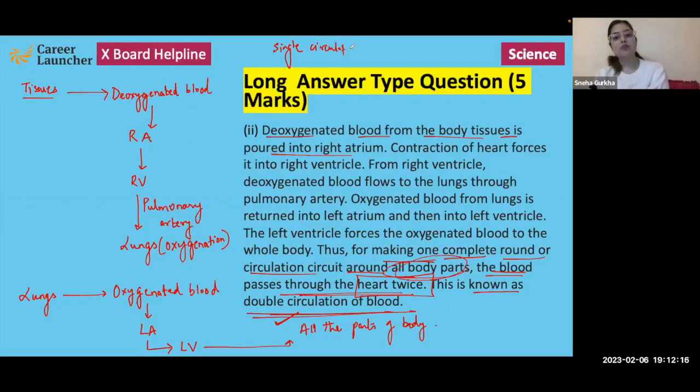Apart from that, you should also be aware of the chambers of the heart, which organism has how many chambers, and how blood passes through those chambers, or what kind of circuit it follows, whether it is a single circuit circulation or a double circuit circulation, right?